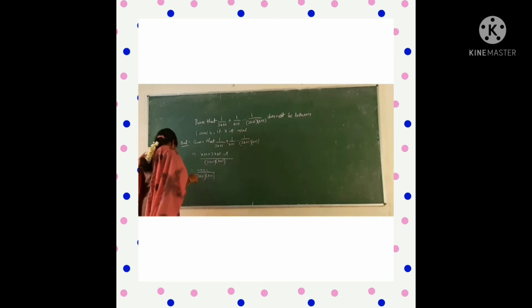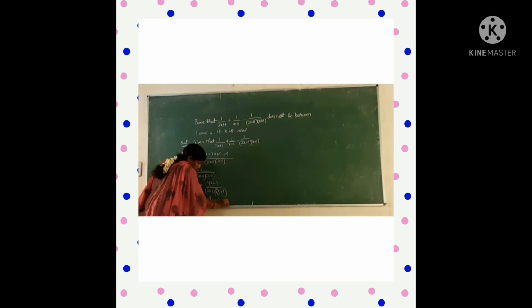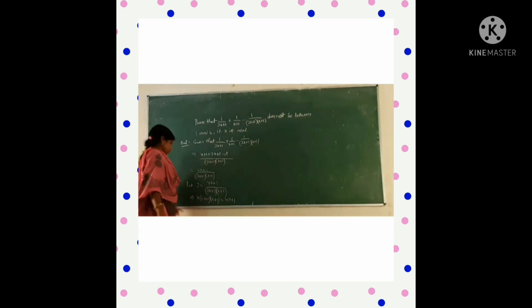Okay, let y is equal to 4x plus 1 by, this is one fraction, that's why we take y is equal to 4x plus 1 by (3x plus 1) into (x plus 1). Okay, this one changes into y into (3x plus 1) into (x plus 1) is equal to 4x plus 1.